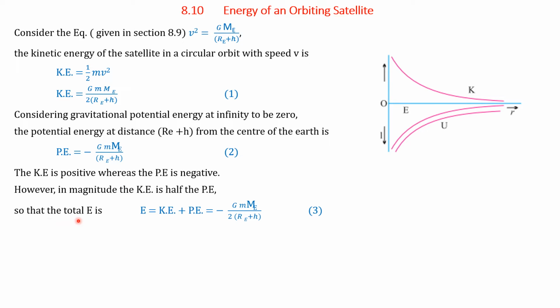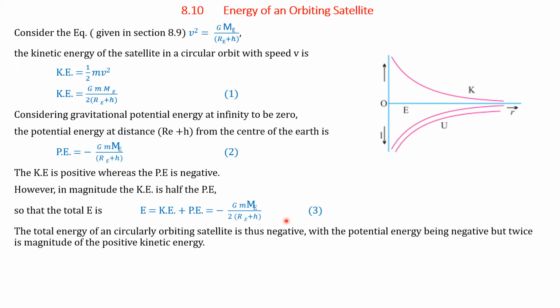So that the total energy E is given by the sum of kinetic energy plus potential energy. If we add equation 1 and 2, we get E is equal to, that is total energy is equal to capital G small m into capital ME divided by 2 into RE plus H. Let it be equation 3.